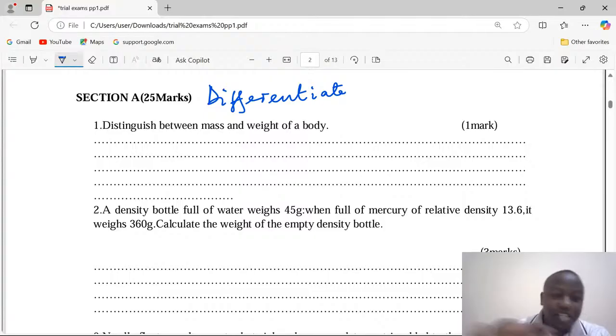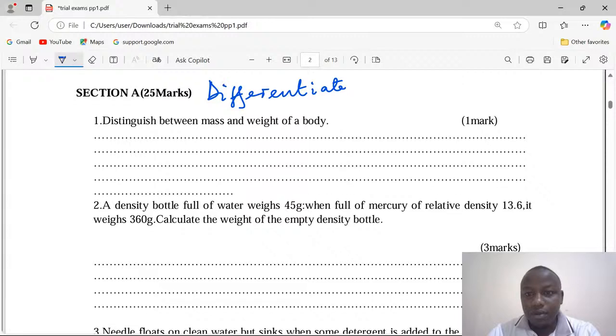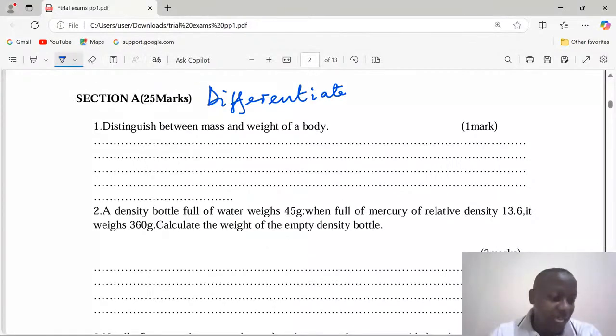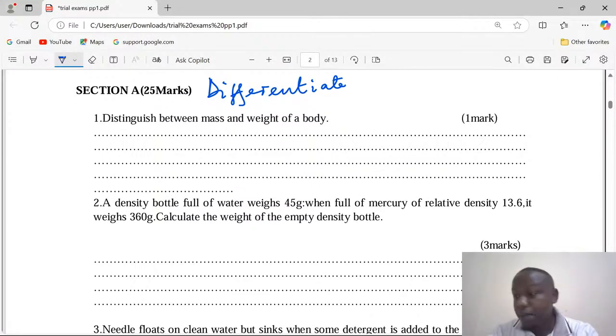When I tell you to differentiate between mass and weight, you can give any difference between the two, either basing your argument on the measuring instrument, the measuring unit, whether one is a vector, the other one is a scalar, such differences. But when we are talking about distinguishing, then we go directly to the definitions of the two terms which have been involved.